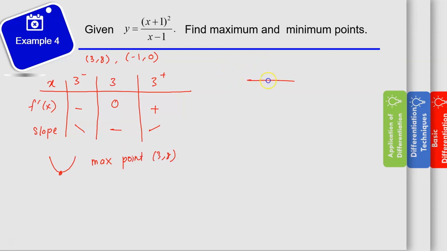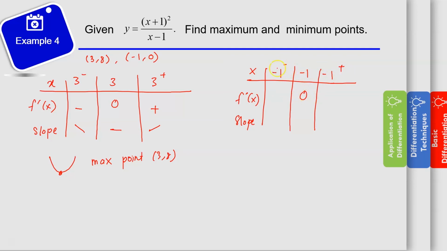Maximum point at (3, 8). And then for (negative 1, 0), we have x, f prime x, and slope. We have negative 1 at the negative side and negative 1 at the positive side. For negative 1, we know it is 0.